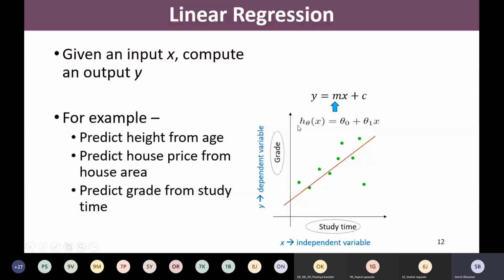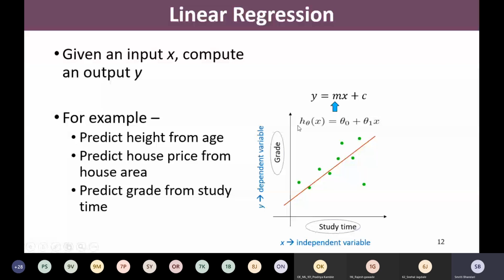This expression written in terms of theta can also be represented in the form of a simple line, y equal to mx plus c. So we have seen that theta 0, or c in this expression, denotes the intercept of the line, whereas m and theta 1 denote the slope, right?